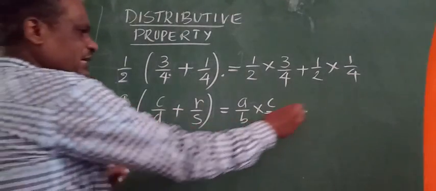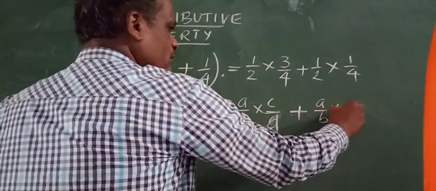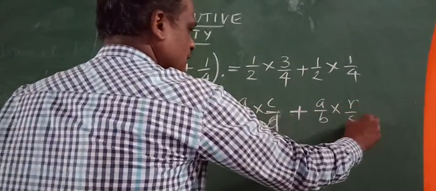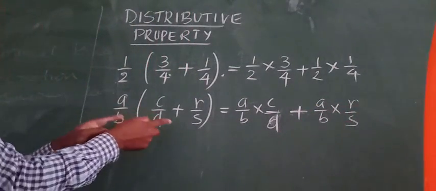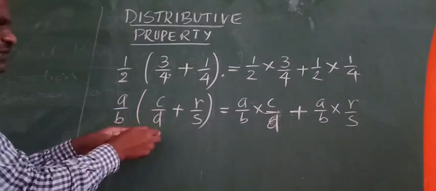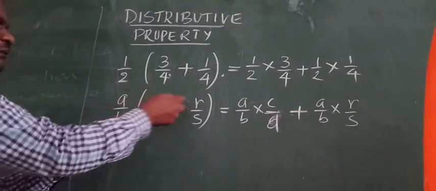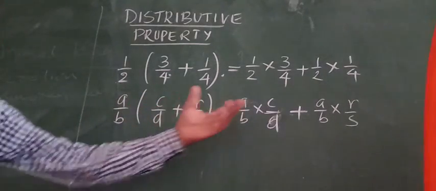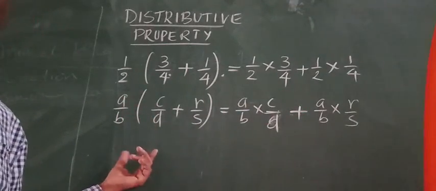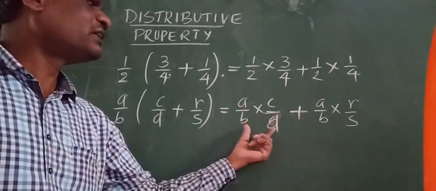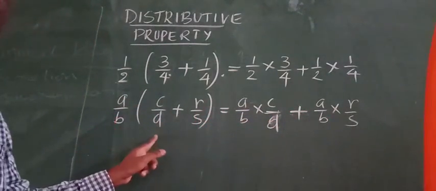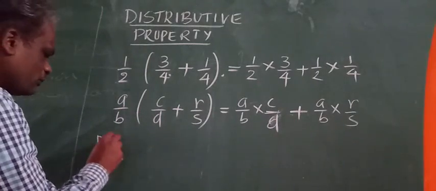Then again a by b into r by s. So this a by b should be multiplied to both the terms: a by b into c by d plus a by b into r by s. Even if this is given, you can write it this way also. If a by b is common in both the terms, you take the common and you can write this. This is called the distributive property.